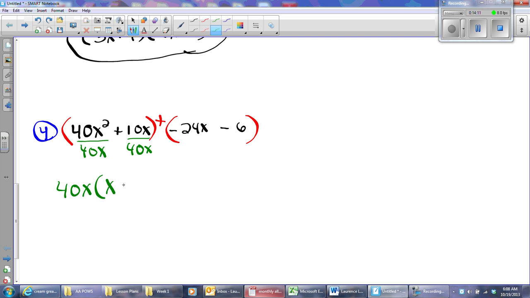And, oh, silly me, look at that. I said the GCF of 40 and 10 was 40. Absolutely not. I apologize. Going a little too quick here. It's going to be 10x, of course. Sorry about that. Okay, so I'm going to pull out a 10x, and I'm going to be left with a 4x plus a 1.